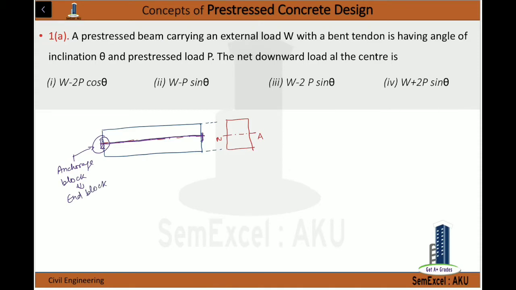If this cable is provided at the CG line, then there will be only compression in the beam. So this beam can be represented as a beam with a compressive load at the CG line. If the pre-stressing force is P here, then this P is directly transferred over here. This is the equivalent pre-stressing force.